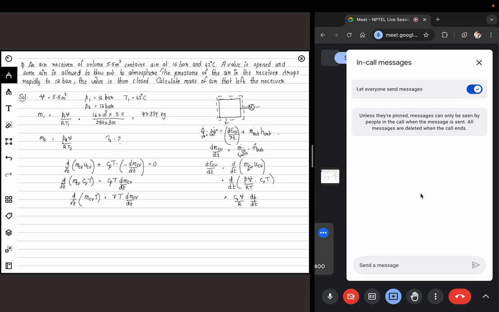If you do the integration, the final mass by initial mass is the final temperature by initial temperature raised to 1 by gamma minus 1.